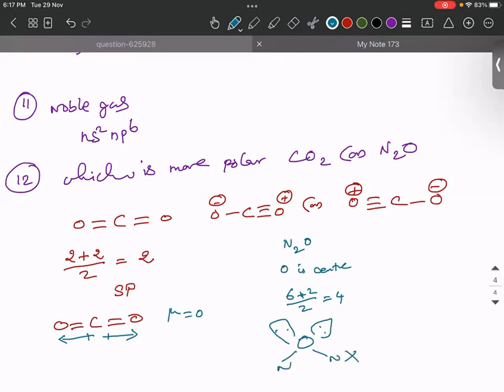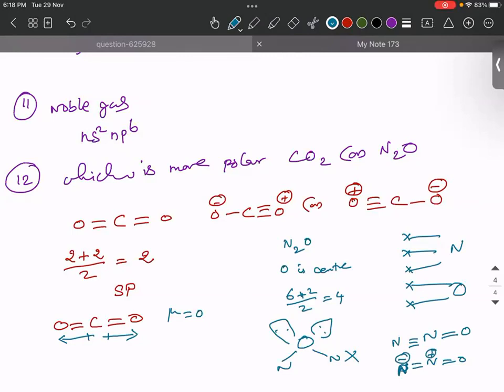So when you take nitrogen, 1, 2, 3, 4, 5. We know that nitrogen will form a triple bond and oxygen will form a double bond. So N triple bond N, then double bond O. Otherwise, N double bond O, and double bond N. This becomes minus, this becomes plus.